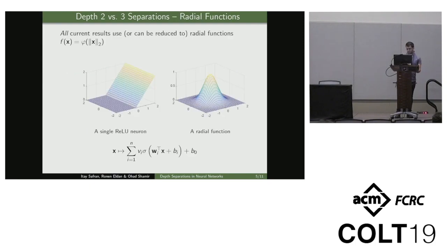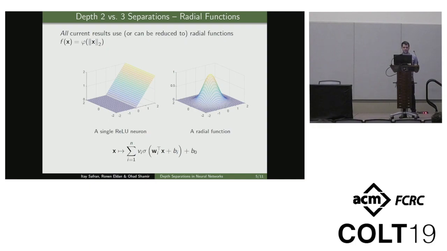The interesting thing about these results is that they all use, or can be reduced to, radial functions. That is, functions that depend on their input solely via its norm. Here we see the underlying intuition for considering radial functions for such results. On the left, we see a single ReLU neuron.